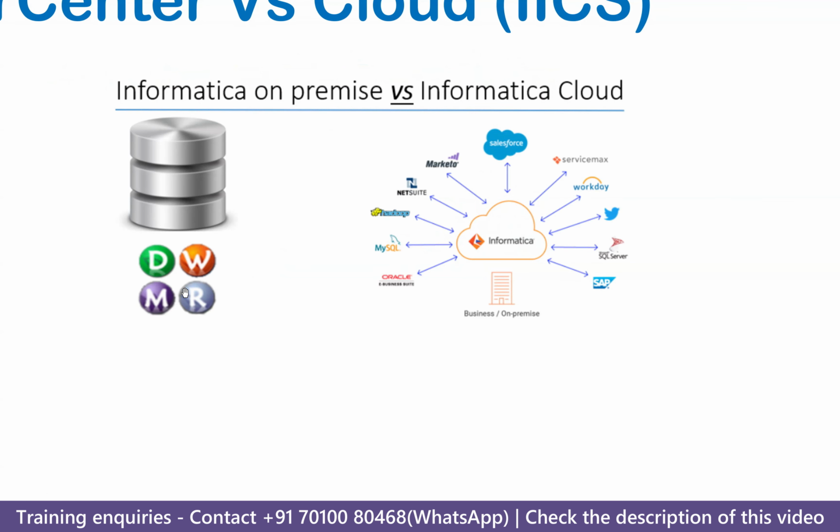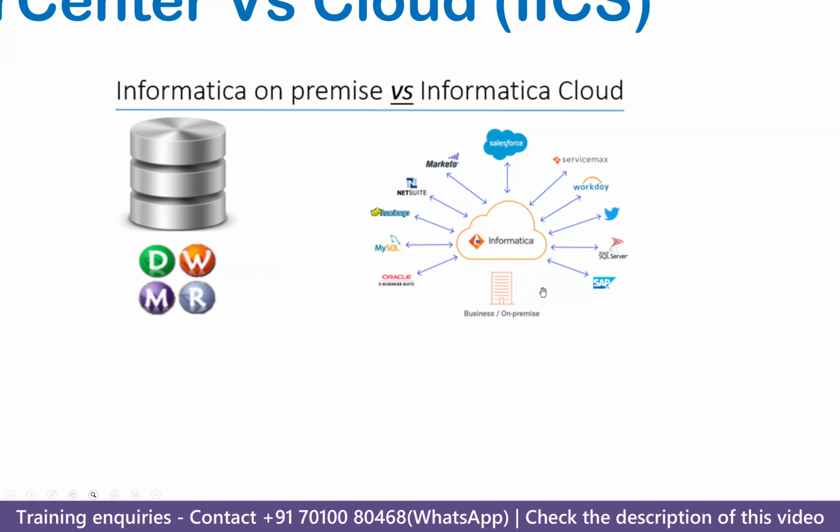I joined one company. They will give the laptop. They'll create all the user ID and everything, right? After that, I have to install the on-prem tool on my machine through the network team, and I have to connect to the server. I have to start working on the mappings and everything, right? We have to check out and then do all this. But here it is nothing like this.